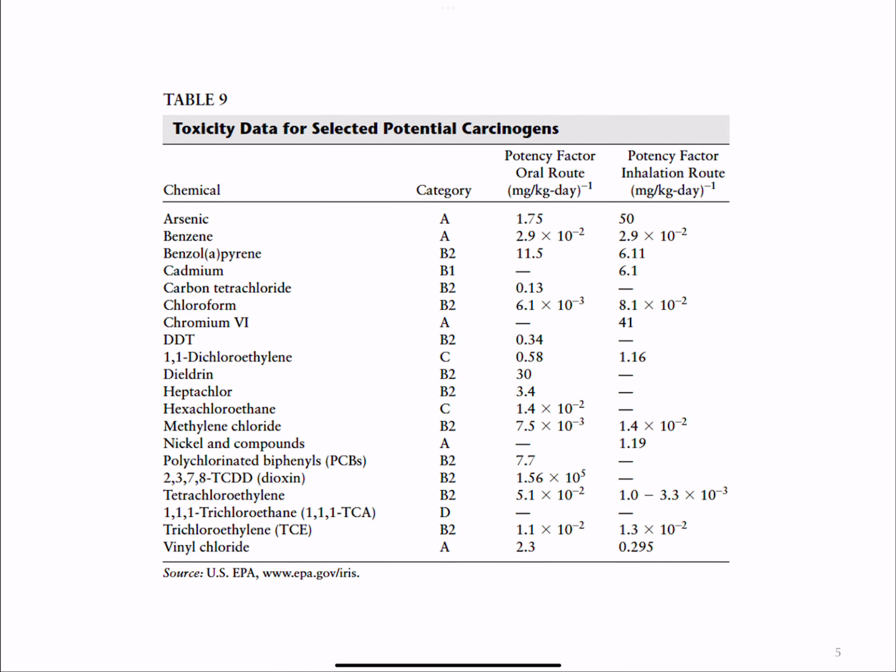So for chemicals, for example, arsenic is category A, which is like a 100% carcinogen, and the potency factor through oral exposure is given as 1.75 milligram per kilogram day to the -1. And the inhalation route exposure potency factor is much higher, right?